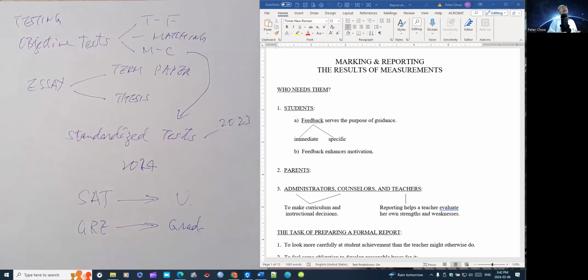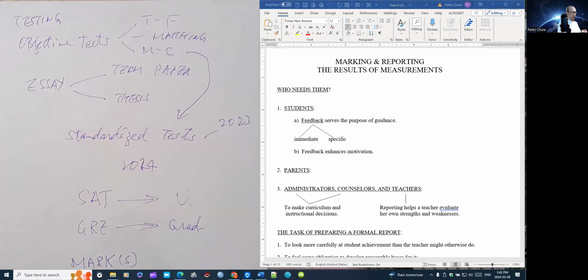All right. So testing, all of them are used to measure educational achievement. Is that right? And then all of them end up with what? They end up with marks.